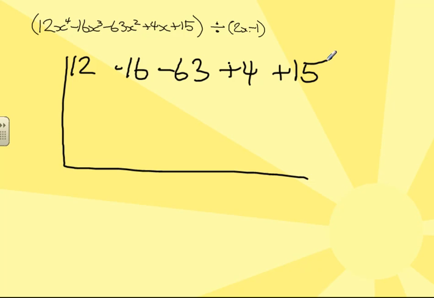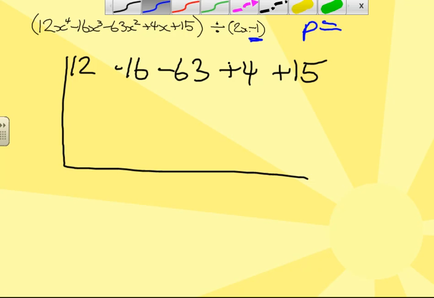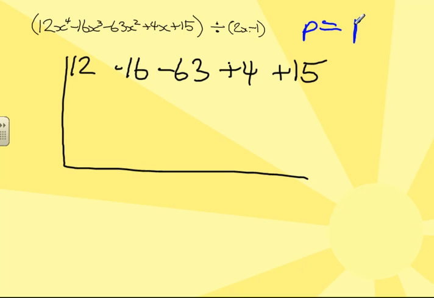We have to find out what our p-value is. Now, just like before, our p-value is going to be the opposite sign of that number right there. So the opposite sign of that is going to give me a p-value of plus 1. So I put a plus 1 here.